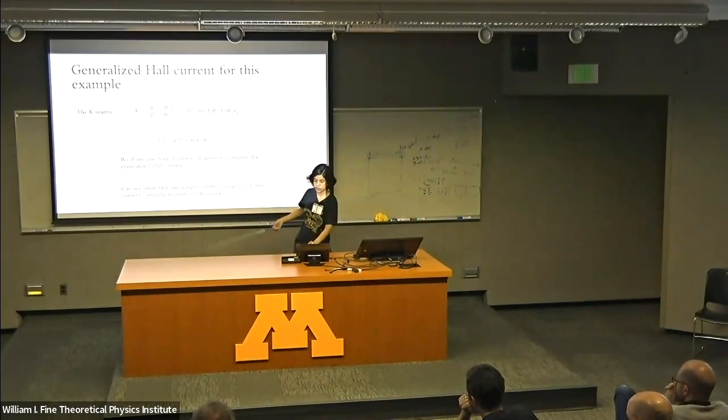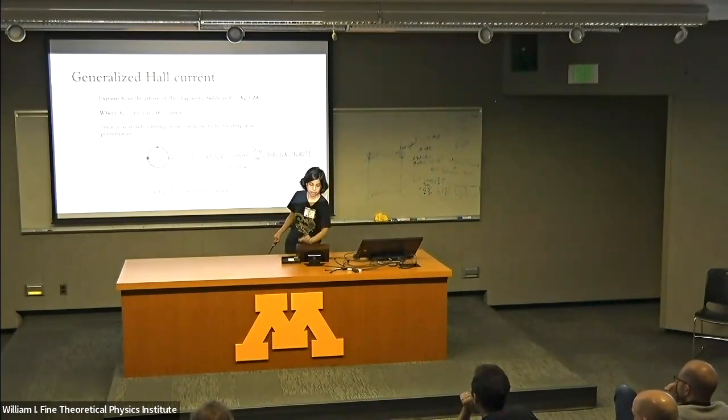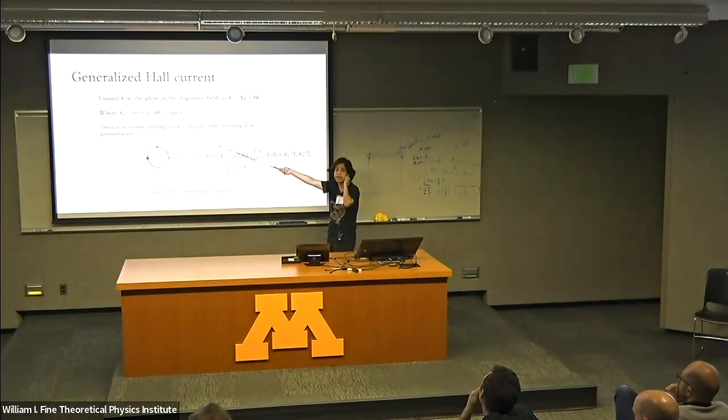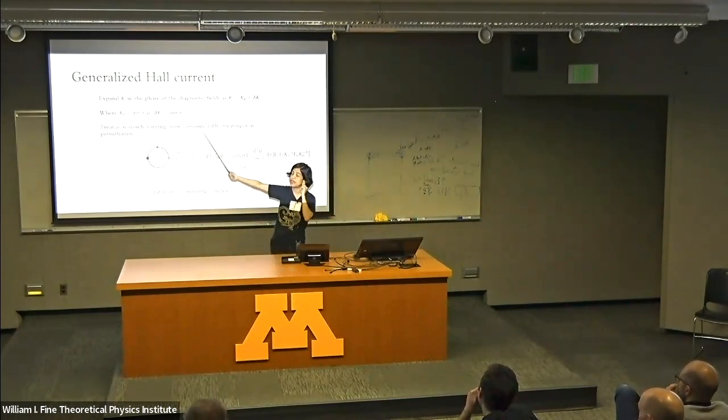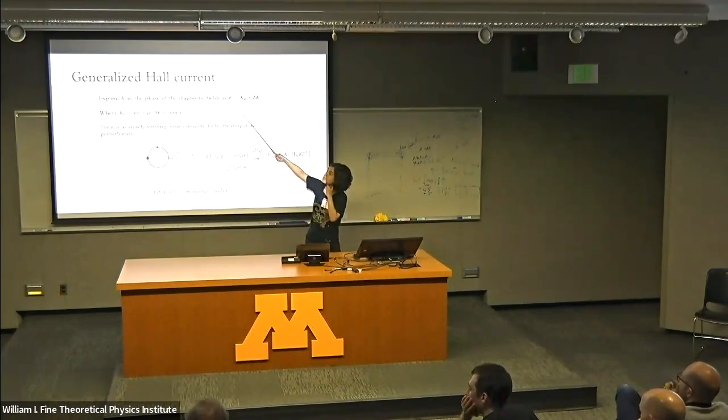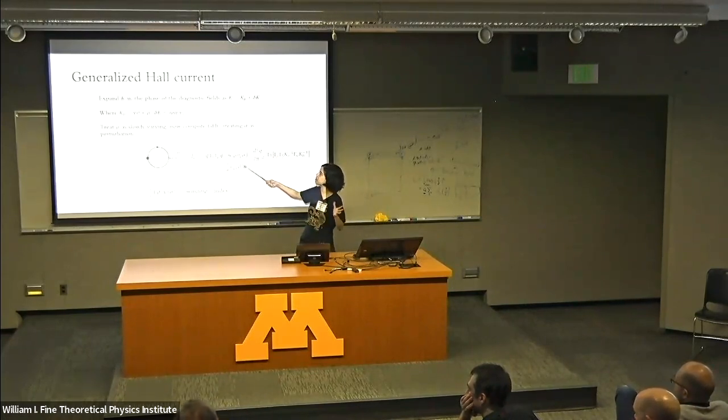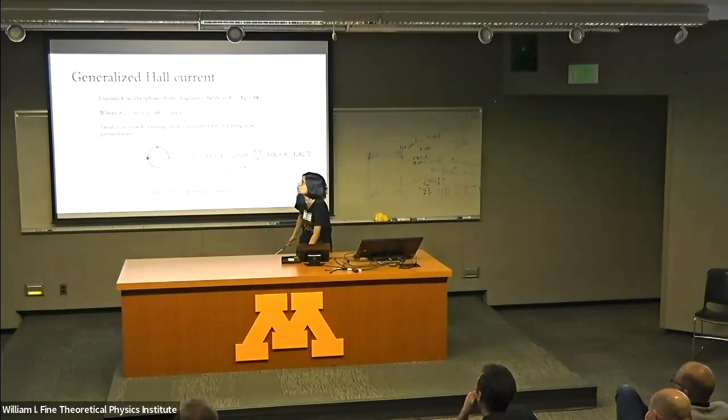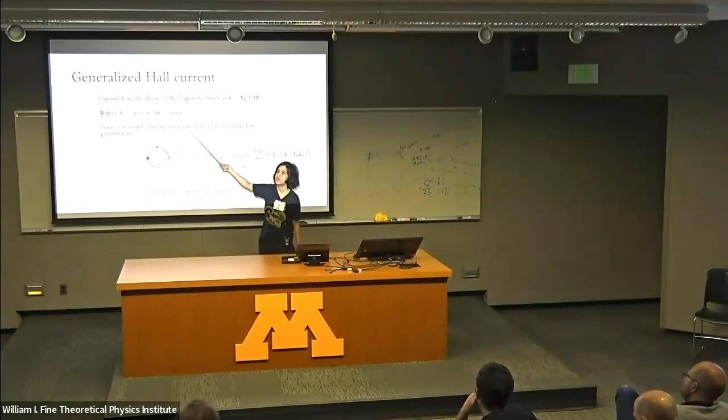And I'm now going to compute this generalized Hall current by perturbing in the field alpha. I'm going to assume that it varies slowly. So I'm going to take my original K matrix and split it up in 2 parts. K0 is going to be whatever remains once you have expanded in alpha. So delta K is the perturbation.